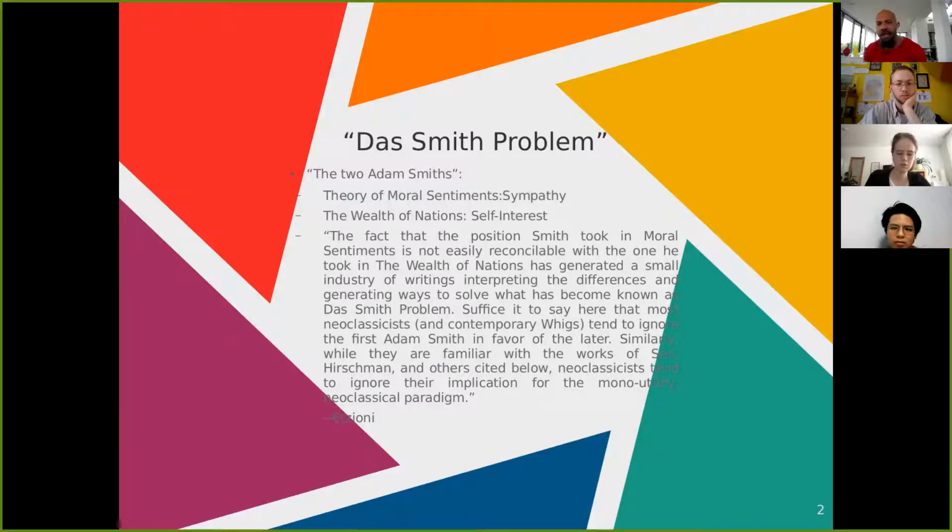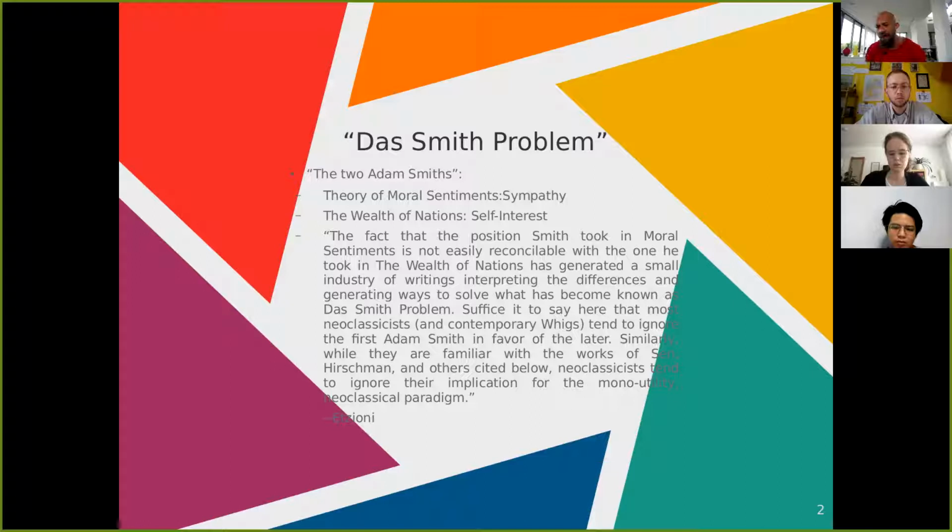Suffice it to say here that most neoclassicists and contemporary Whigs, that's maybe just a bit of a joke, tend to ignore the first Adam Smith in favor of the latter. Similarly, they are familiar with the works of Amartya Sen, Albert Hirschman, who I mentioned yesterday, and others. However, they tend to ignore their implications for the monoutility neoclassical paradigm.